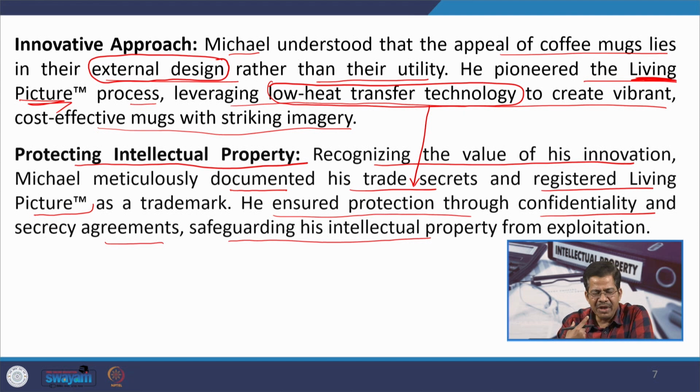So, to minimize the exploitation of their IP, they rather preferred the trade secret route, and through multiple agreements with their stakeholders, with their employees, etc., confidentiality agreements, etc., they are able to protect it.